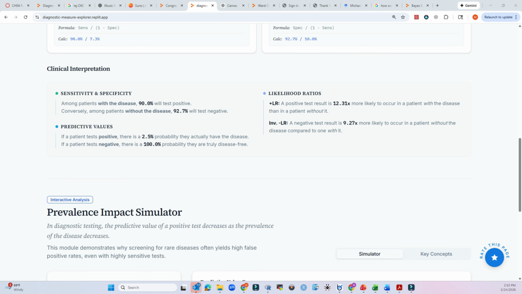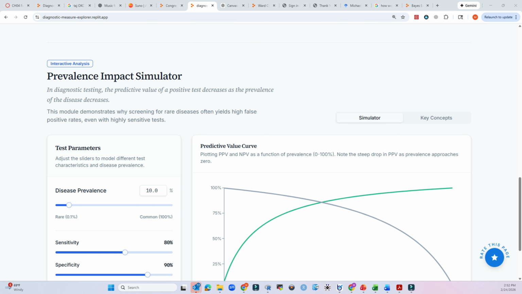An important consideration in the positive and negative predictive values is the prevalence of the disease or the condition under investigation. The prevalence of that condition can have a strong impact on the positive and negative predictive values. For instance, if the disease is very rare, even if the sensitivity and specificity of the screening test are really high, the positive predictive value can still be very low.